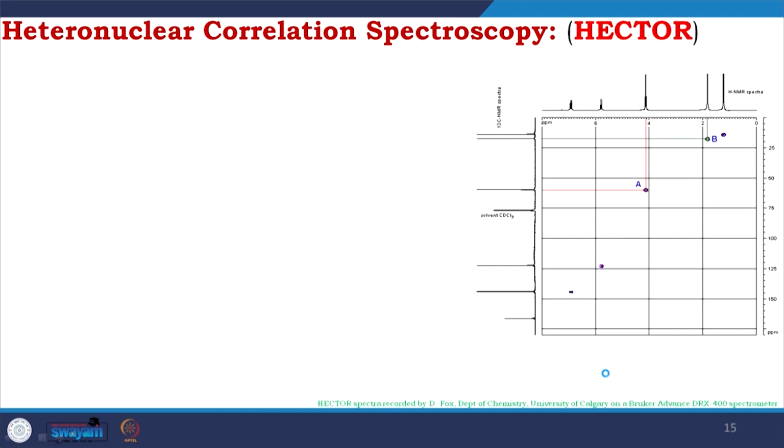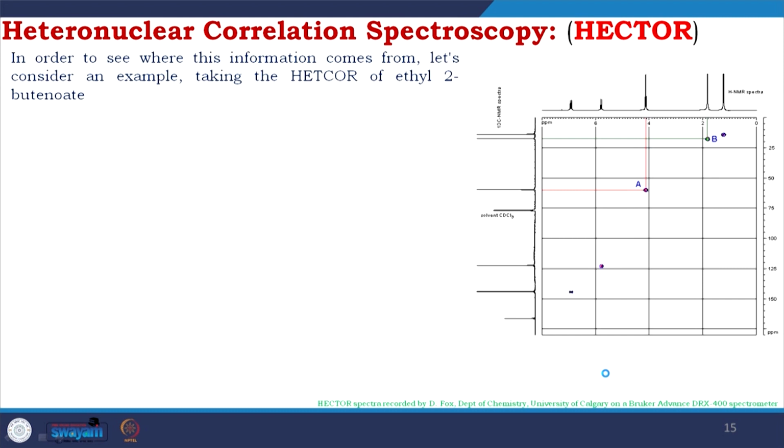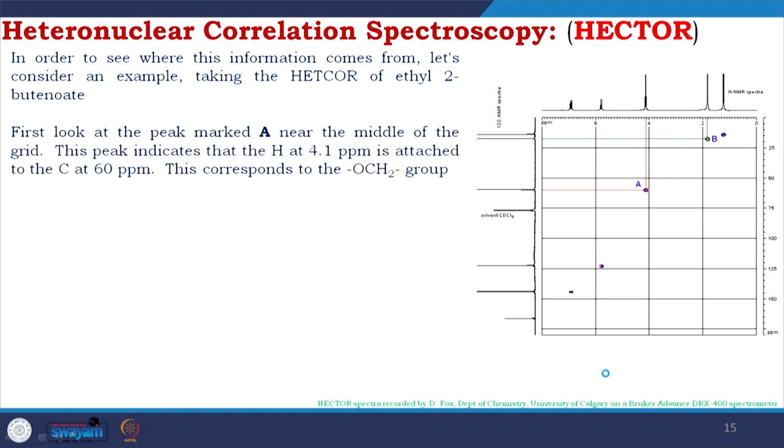So, this is a HETCOR representation, and we are again looking at ethyl butanoate. Here we are looking at two peaks, A and B. A is near the middle of the grid.